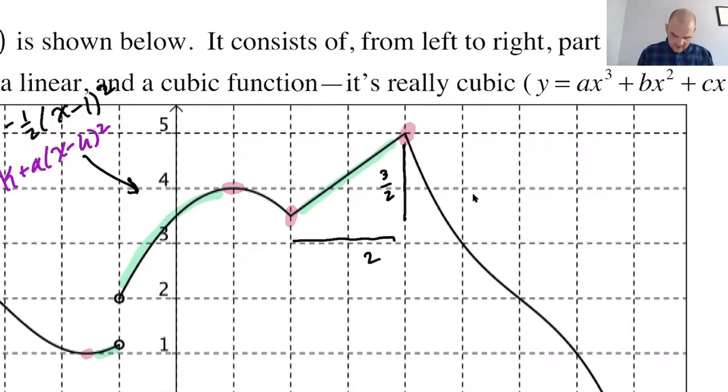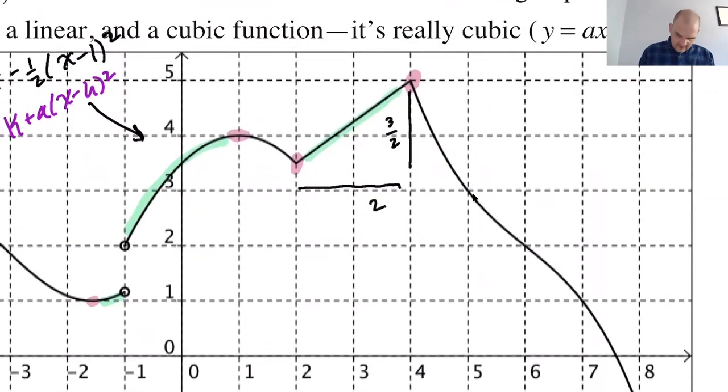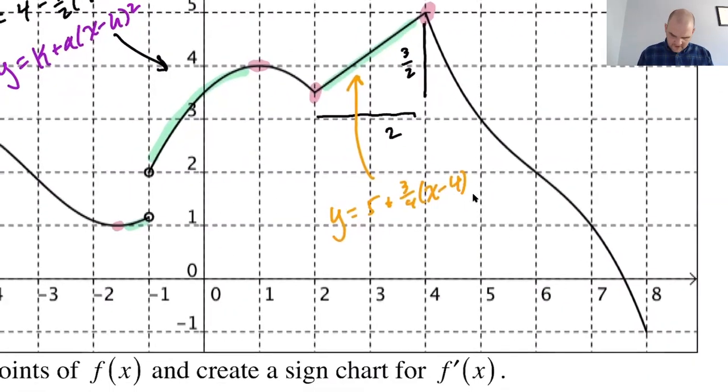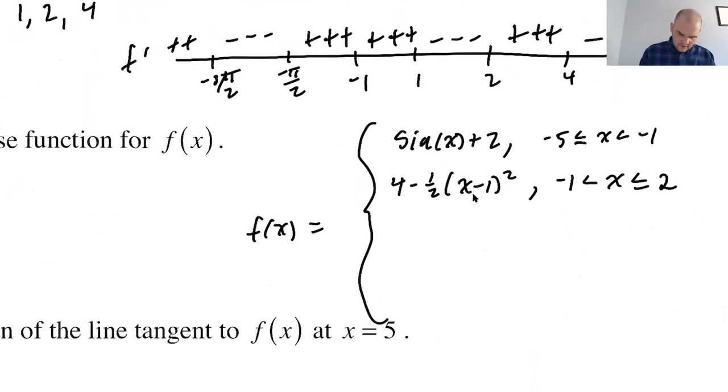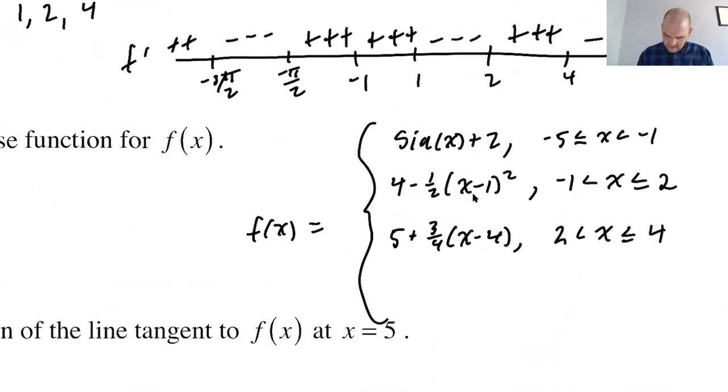And also I can use the point (4, 5). So this is going to be y equals 5 plus 3/4 (x minus 4). And that's valid between 2 and 4. We already used 2, so I'm not going to use it twice there.